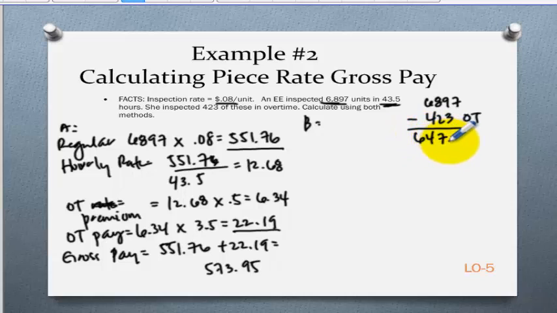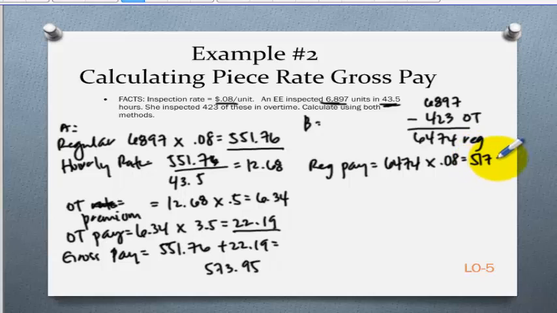So 6,474 in regular time. So let's figure out my regular pay. Then I would take my 6,474 units made in regular time and multiply by 0.08, and I get 517.92.